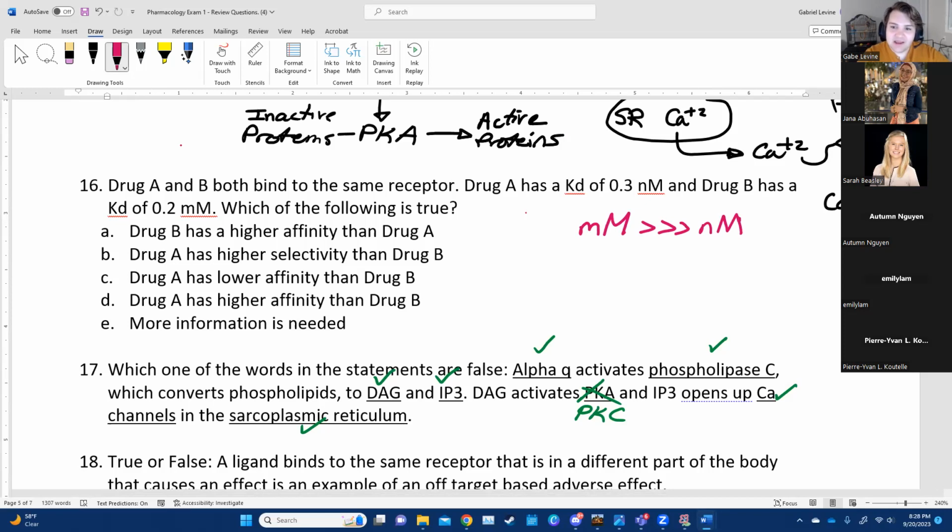So what this means is that 0.2 millimolar is a larger number than 0.3 nanomolar, which means that the smaller number has a higher affinity. So drug A has a higher affinity than drug B.